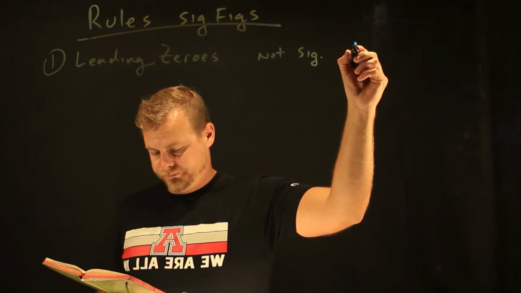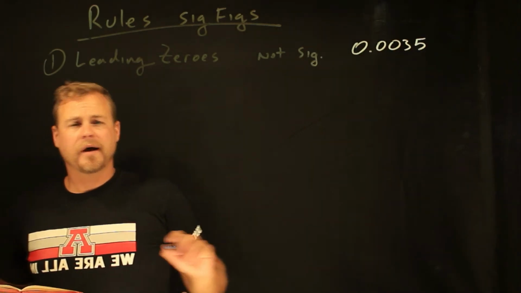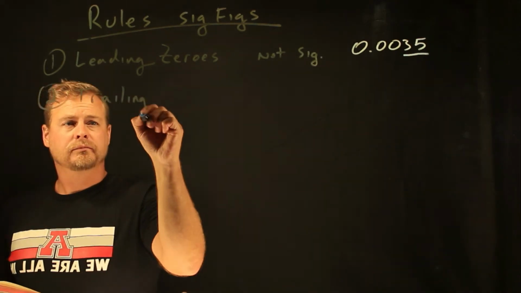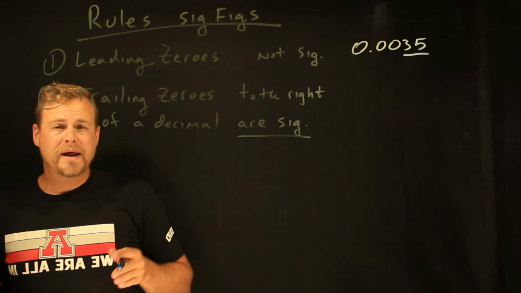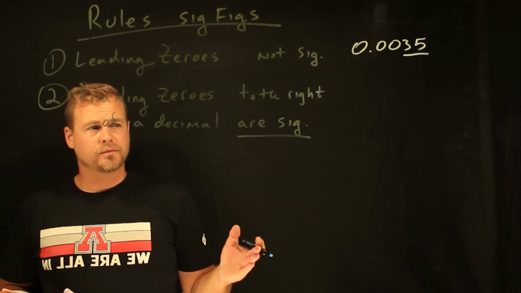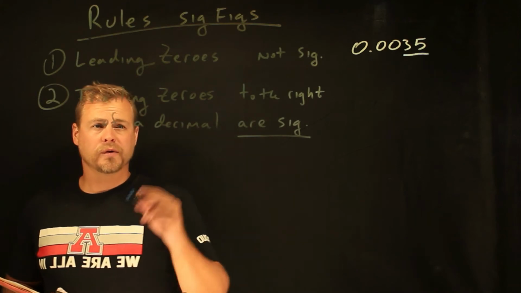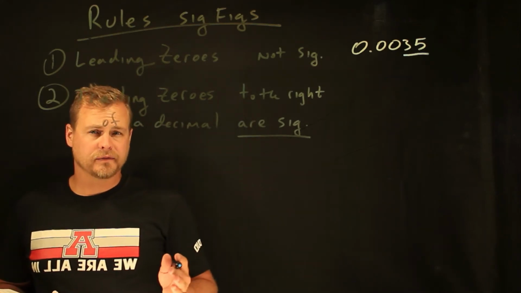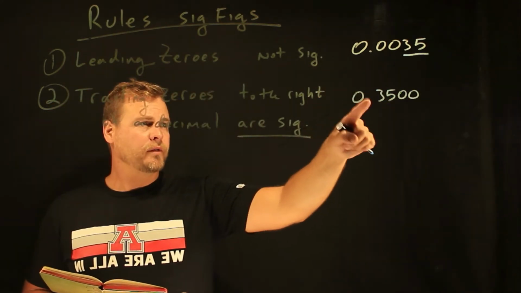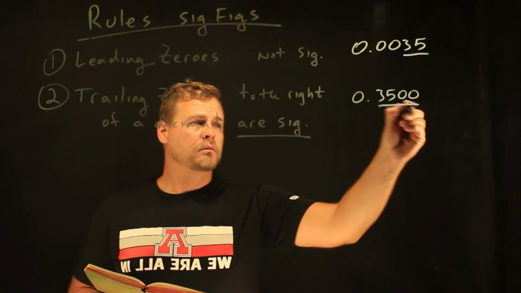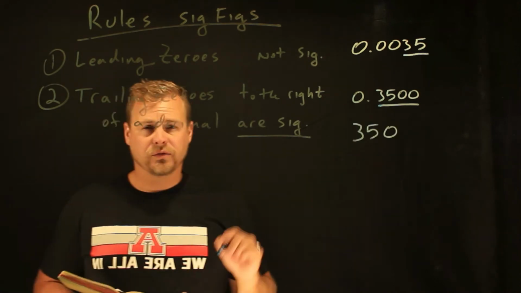For example, 0.0035 has 2 sig figs. Trailing zeros to the right of a decimal are sig. If there's no decimal, trailing zeros are not significant. 0.3500 has 4 significant figures.